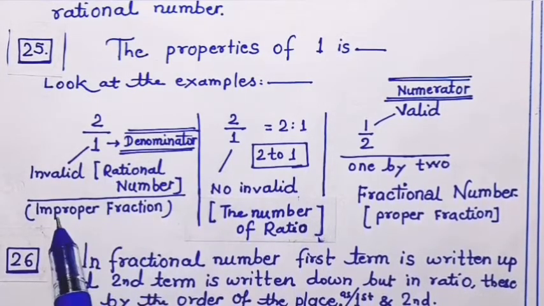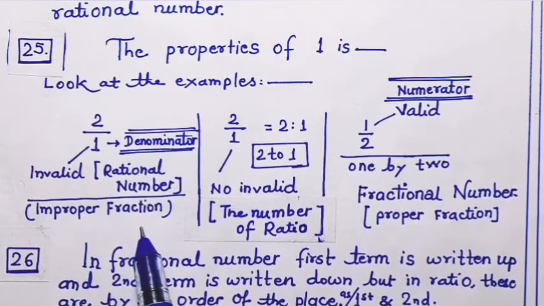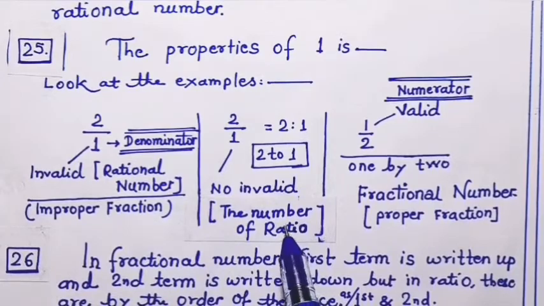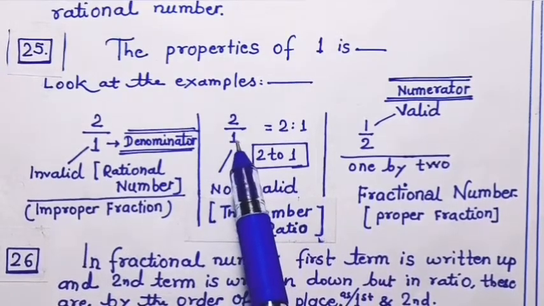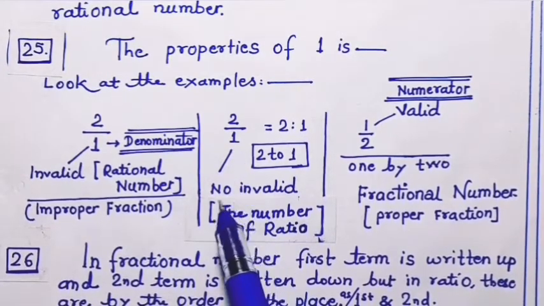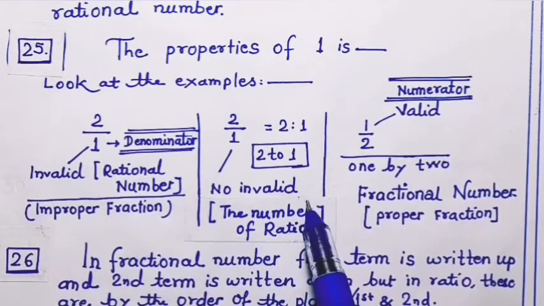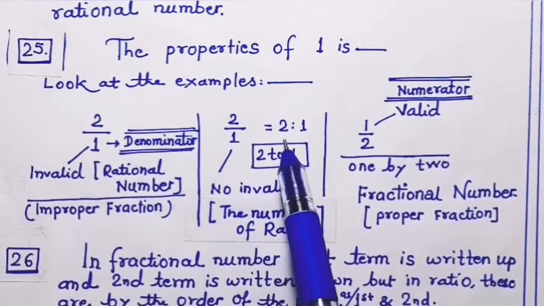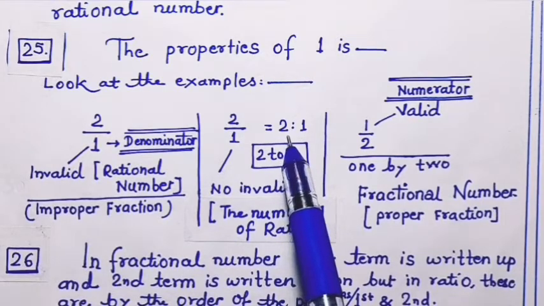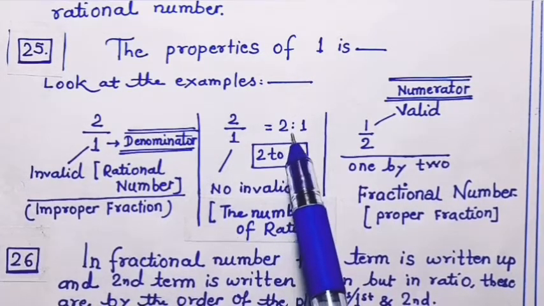It is also an improper fraction. But in a ratio, when 1 is written below any number, as 2 by 1, here 1 is not valid in the ratio, so it will be counted just as 2 to 1.